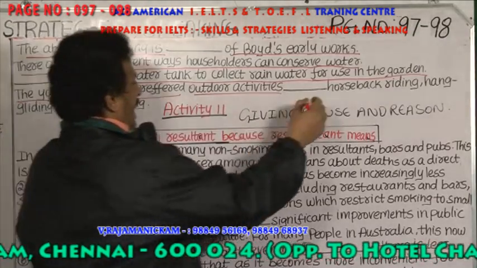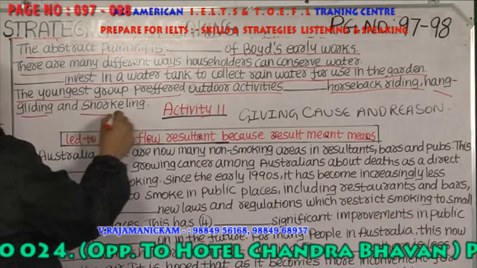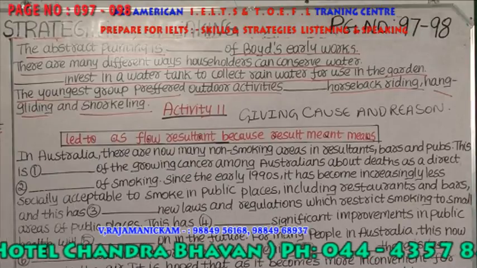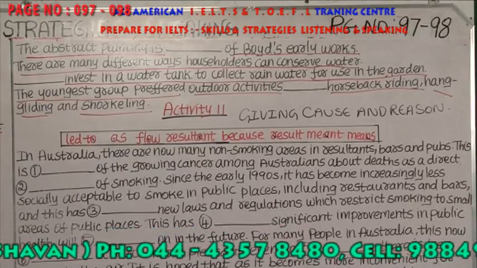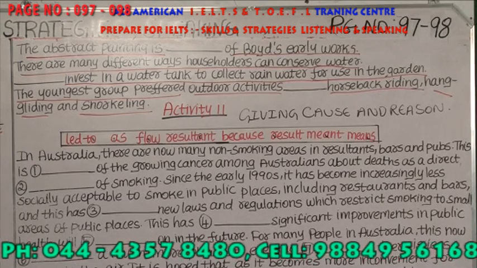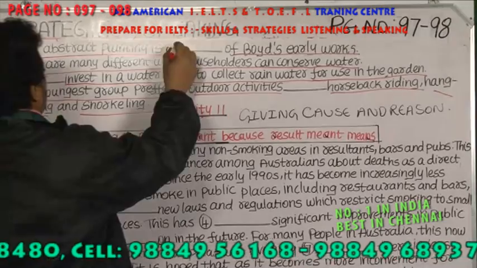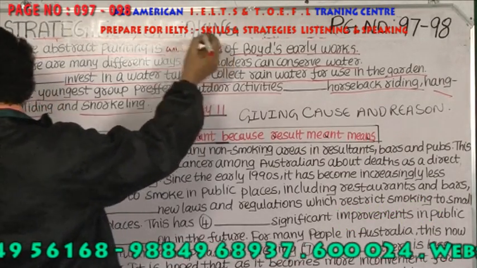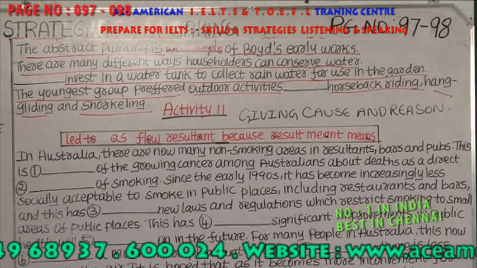Dash, horseback riding, hang gliding and snorkeling. So what are the words you can use? The abstract painting is an example of Boyd's early work. There are many different ways householders can conserve water.